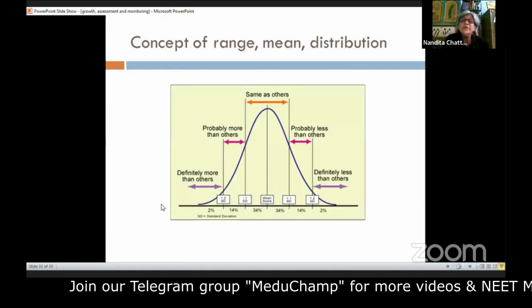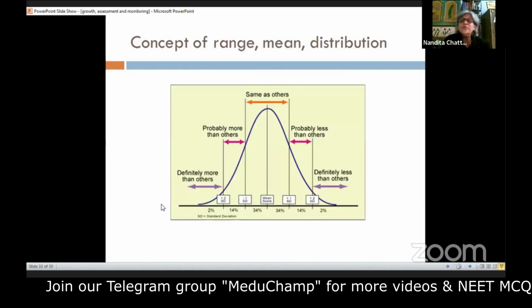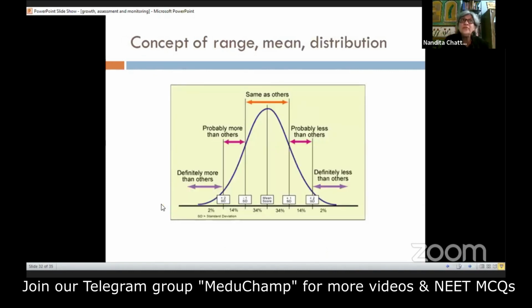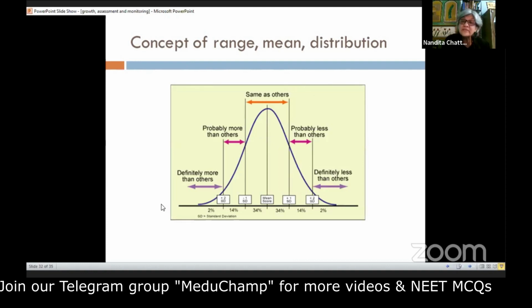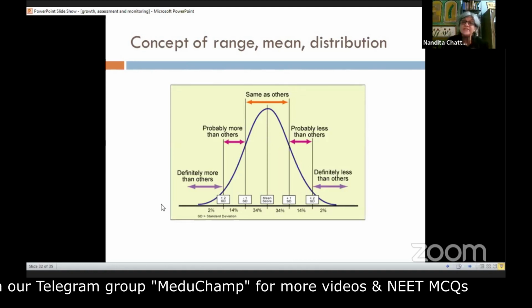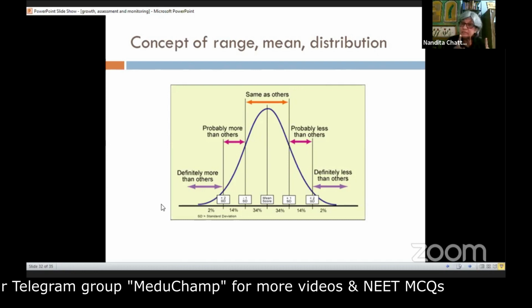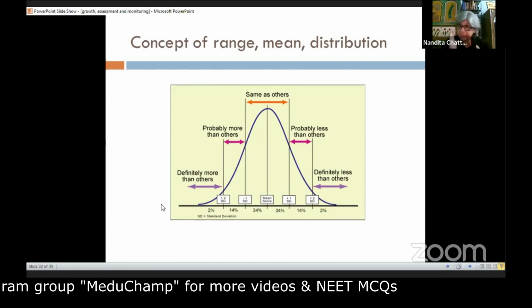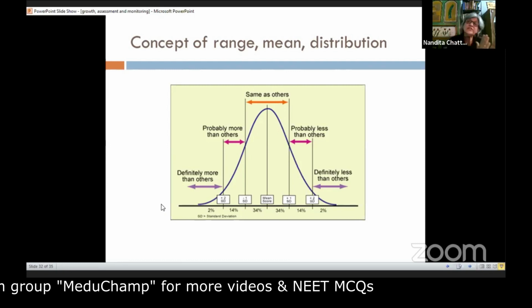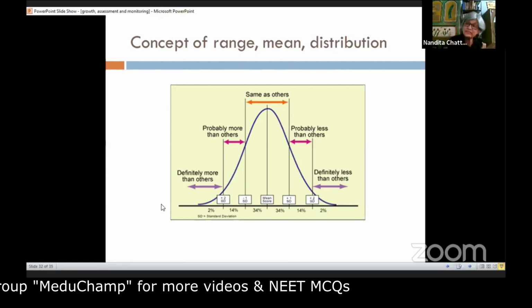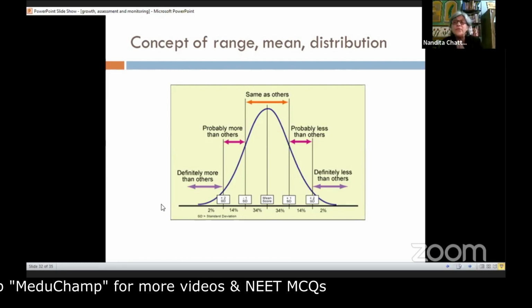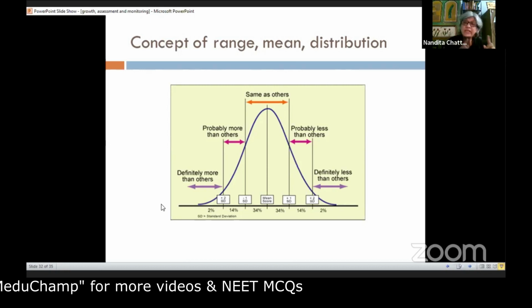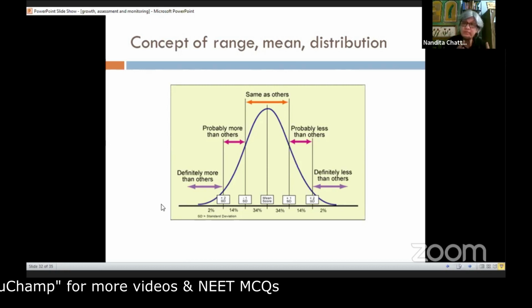Now, if we analyze this curve, and if you go back to your statistics classes, you will remember the standard deviation. Say in this particular case, the standard deviation value is 2. So if 10 is the mean, take one standard deviation less than 10, and one standard deviation more than 10. That is a range of 8 to 12.